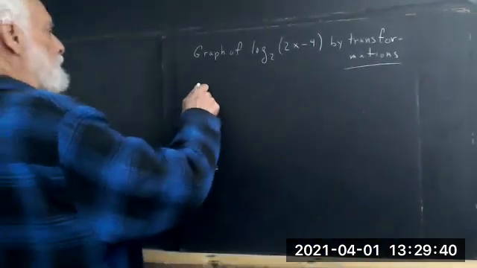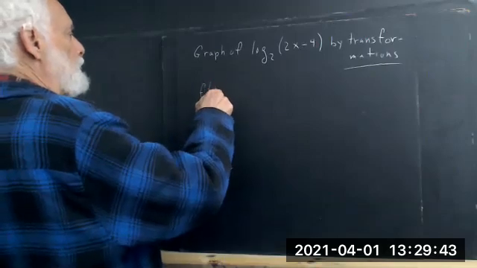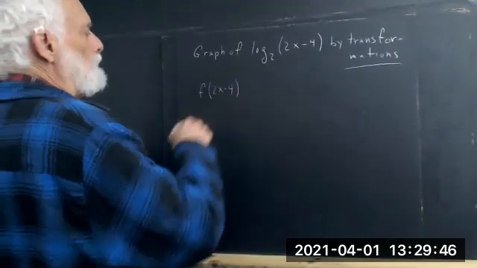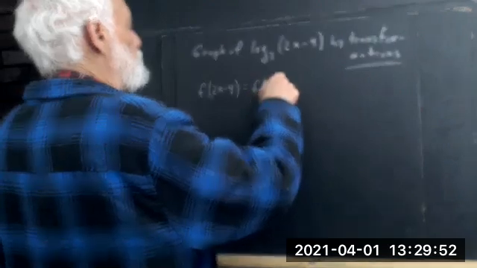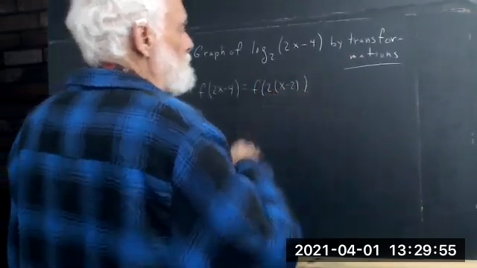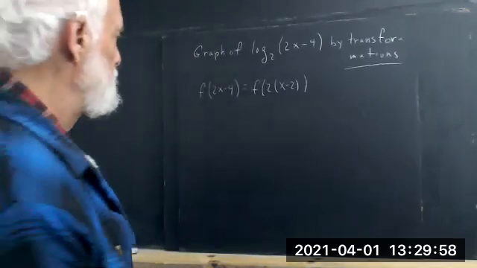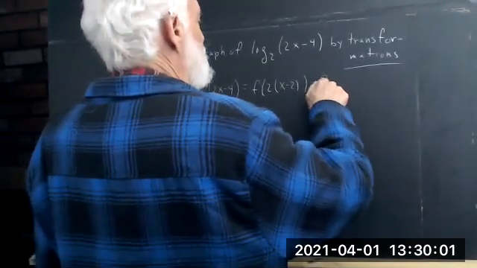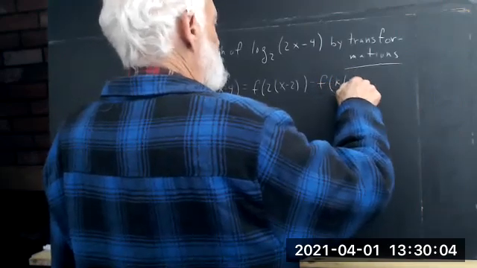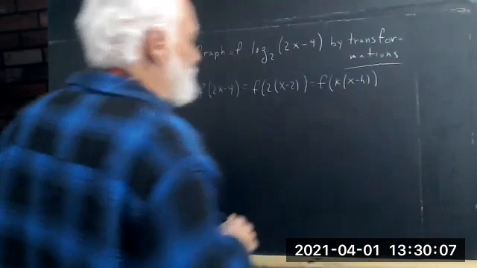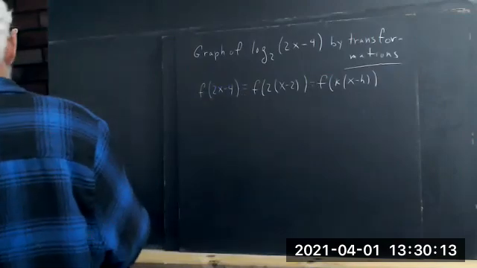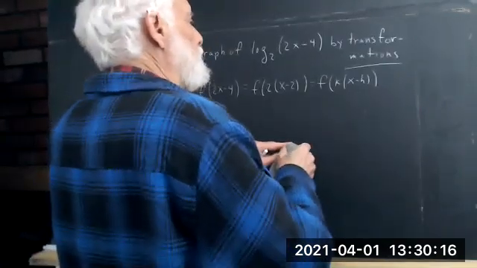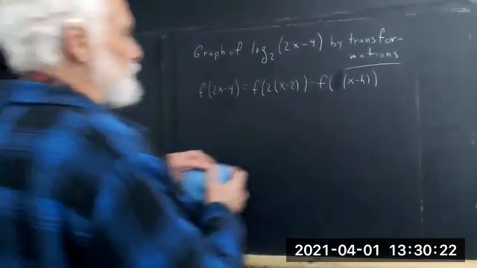Okay, well, for any function, f of 2x minus 4 equals f of 2 multiplied by x minus 2. And that is an f of c times x minus h. I don't want to use k just because we usually use that for the vertical shift, so I'm going to use c.